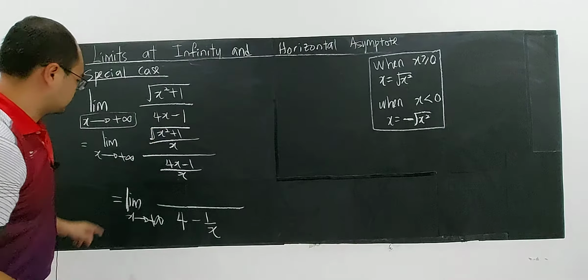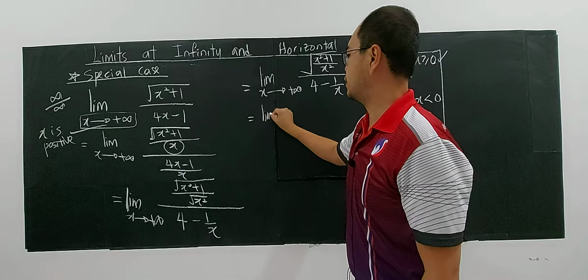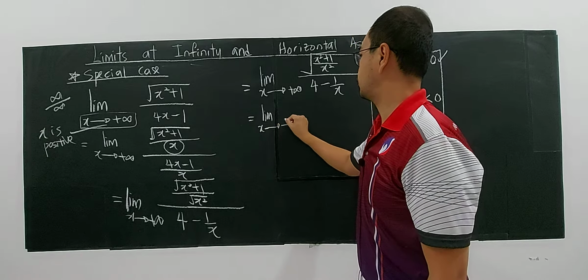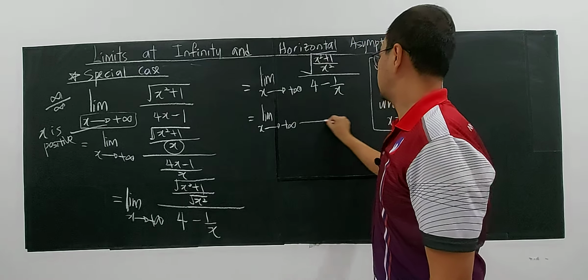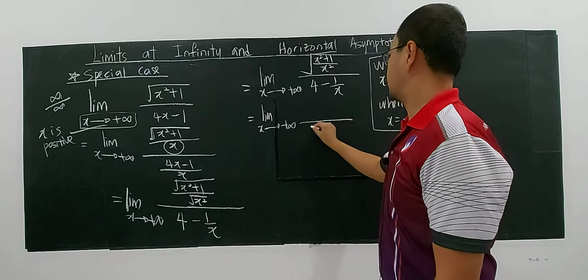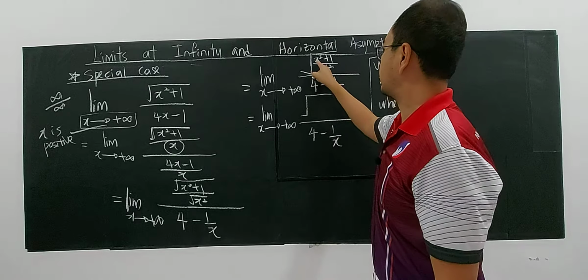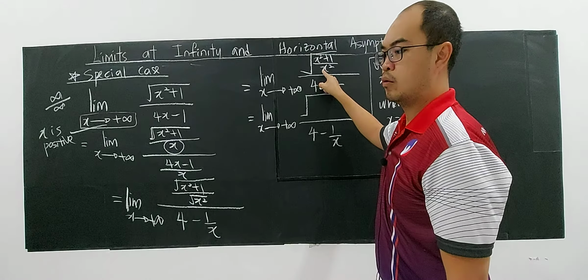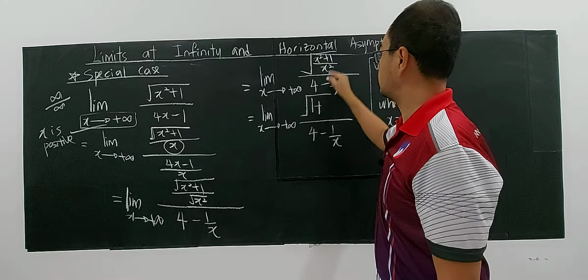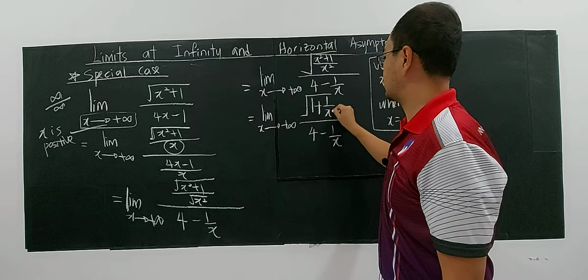And later you can evaluate easily the limit as x approaches positive infinity of 4 minus 1 over x. Then square root of x squared over x squared, you have 1 plus 1 over x to the power of 2.